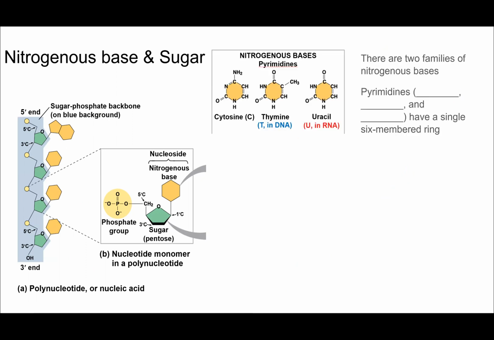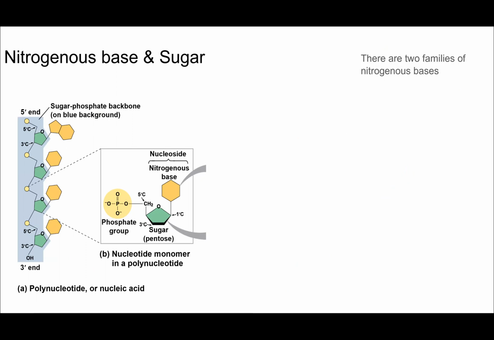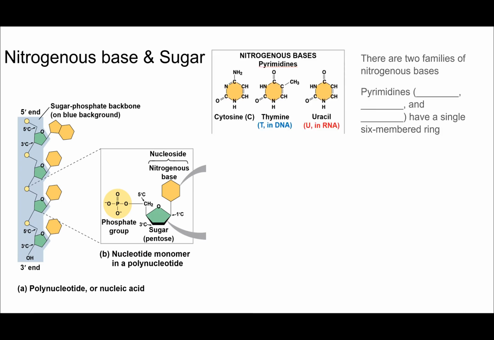Nitrogenous base, as we said just now, is one of the parts of a nucleotide. So for DNA, you have two types of nitrogenous base. First type is what we call a pyrimidine. Pyrimidine contains cytosine, thymine, and uracil.